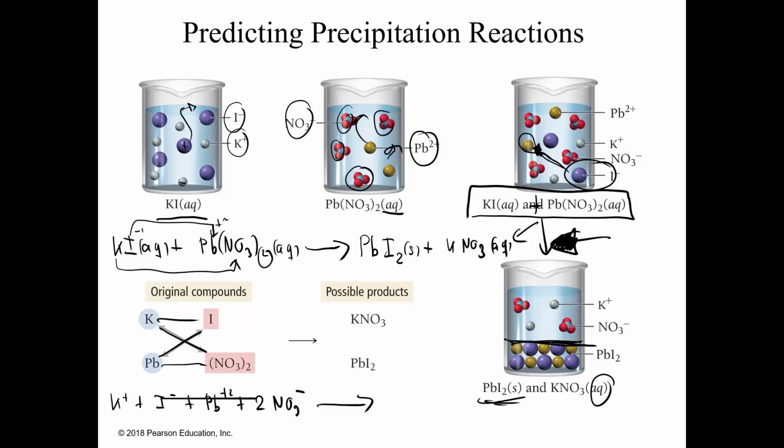And so then what happens is we form a solid, PbI2, right? So if we balance that, we're going to need 2 of those. And that's a solid. But the other product that forms, for a complete ionic equation, we actually still have K+.